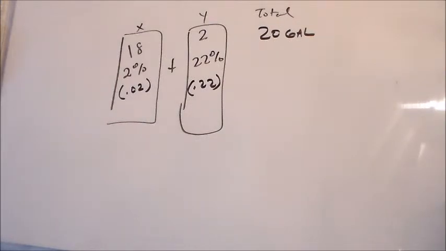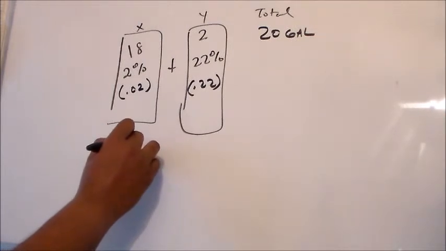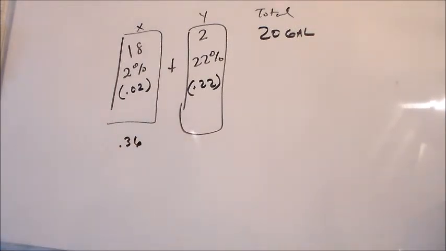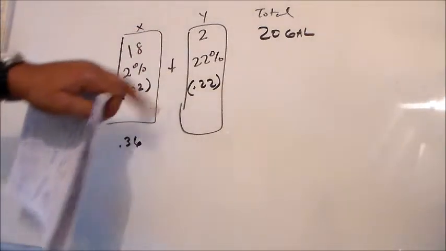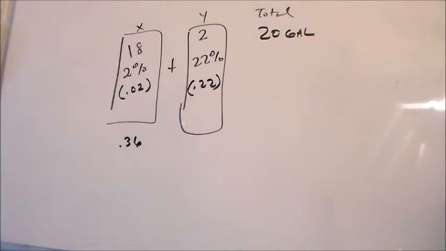So at this point, all I need to do is multiply. Let me just double check with my calculator. 18 times 0.02 is 0.36. Then we take our 2 gallons and multiply that by 0.22, which is 0.44.